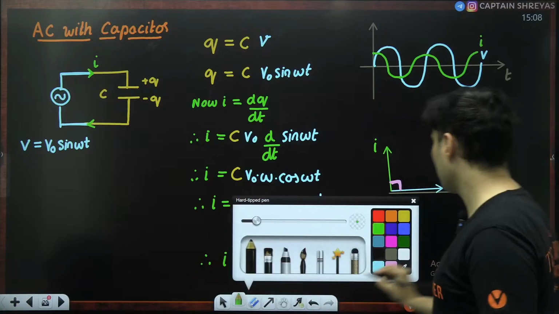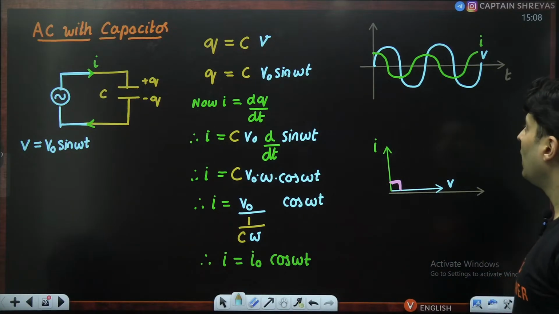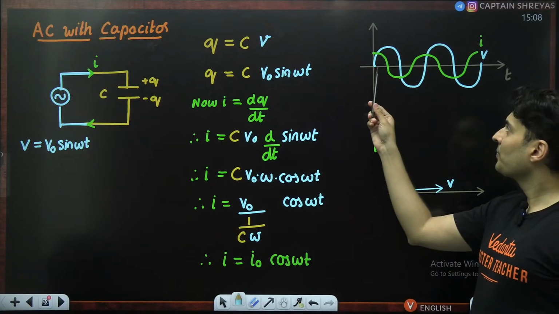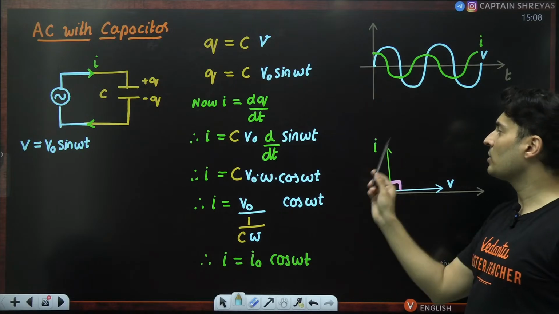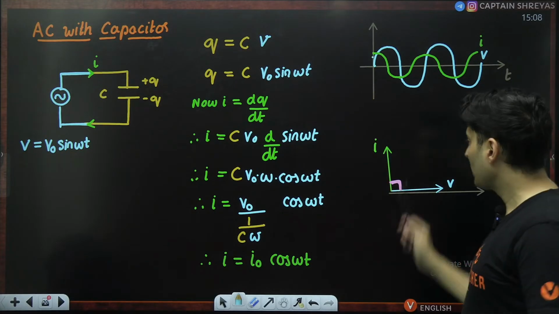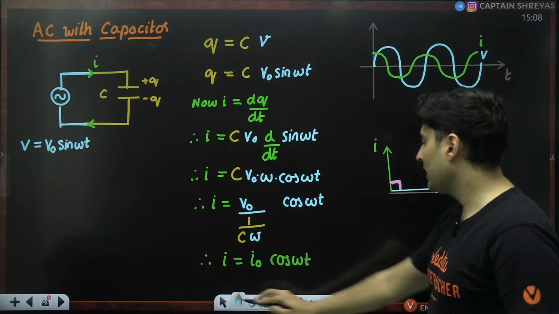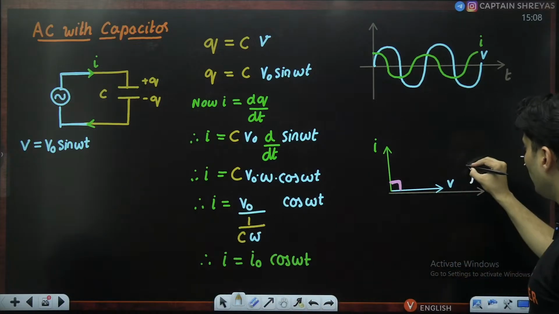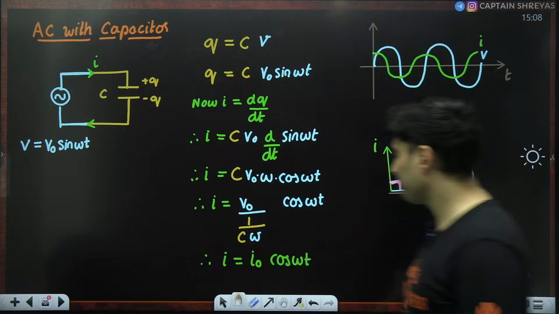This is current, this is voltage. How do I know that? Because when voltage is zero, current is already maximum. So current is ahead of the voltage by 90 degrees.